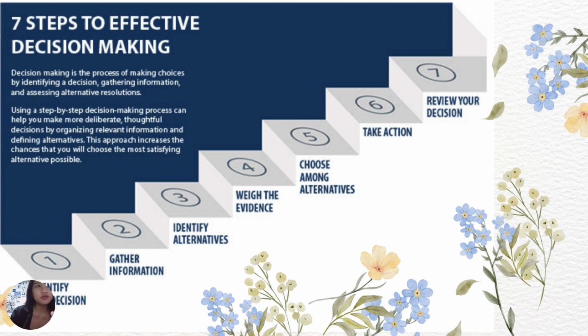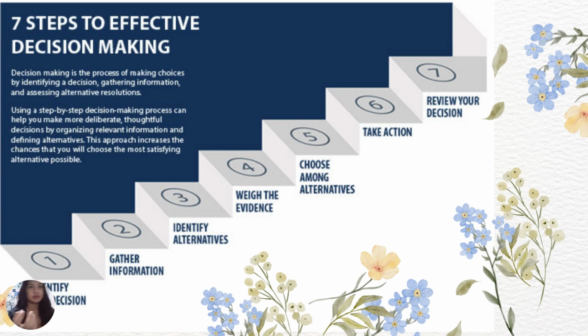For the first step, we have to identify the decision. What are those decisions to make? Second is to gather information. What we mean by that is you have to collect some information about the decision you are going to make.